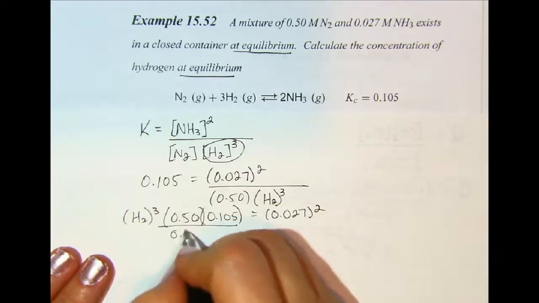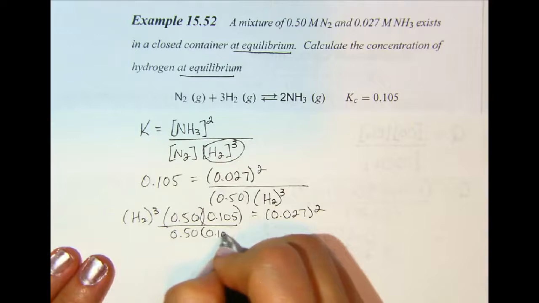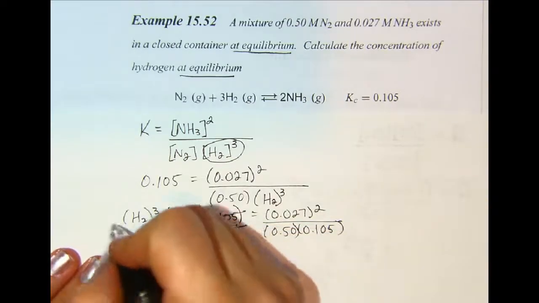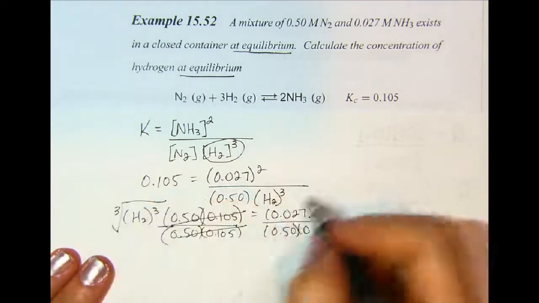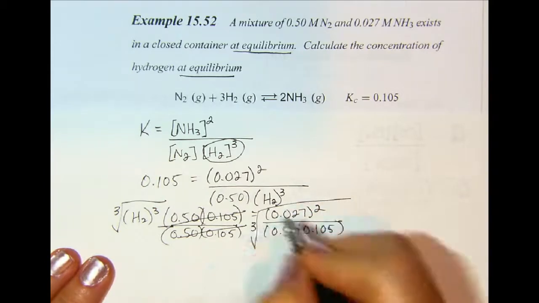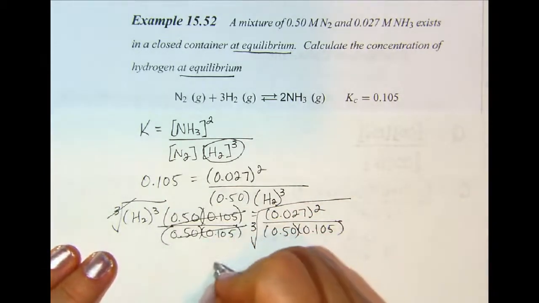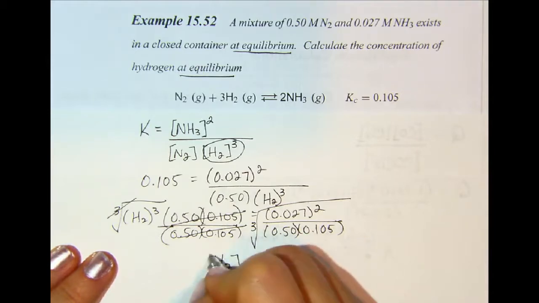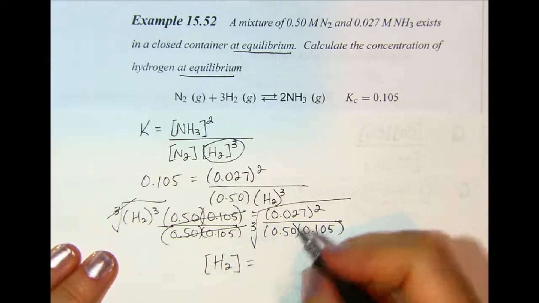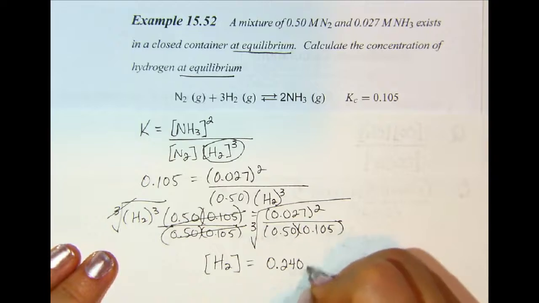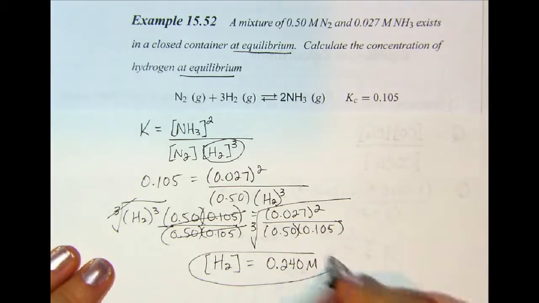Divide both sides by 0.50 and 0.105. And then I'm going to take the cube root of both sides of this equation in order to have just hydrogen. So hydrogen's concentration will be equal to 0.240 molar when you type this into your calculator.